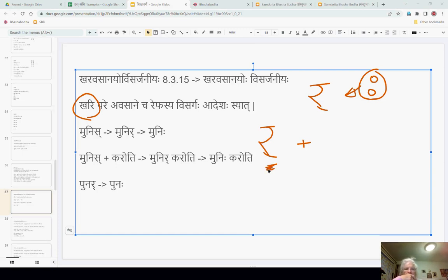So the first letter, first ra, this is talking about only ra, not the other ra. Right. The first letter should be ra, and if it is followed by any one of the letters which is in that khar pratyahara, so it could be anything, right?